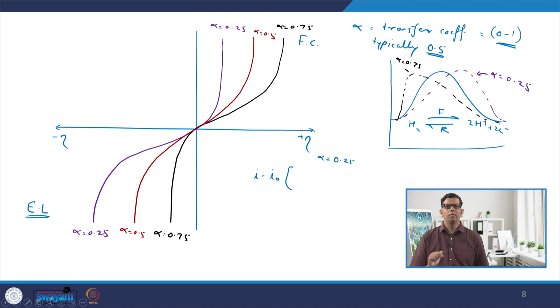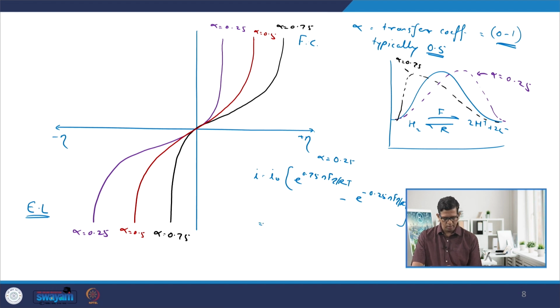So, if you want to favor the fuel cell reaction, I have chosen alpha to be 0.25. If we recollect the expression for the Butler-Volmer equation, it is e to the power 1 minus alpha, so 1 minus alpha stands for 0.75, times nF eta by RT, minus e to the power minus 0.25 nF eta by RT.